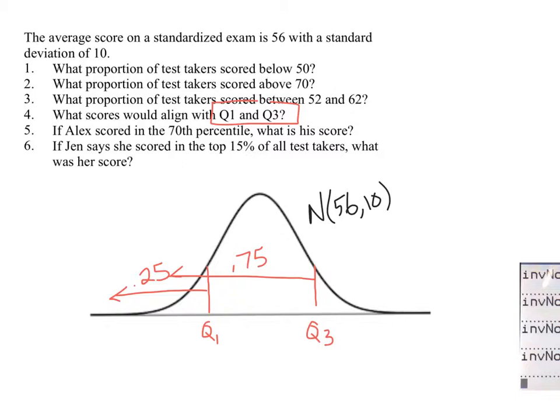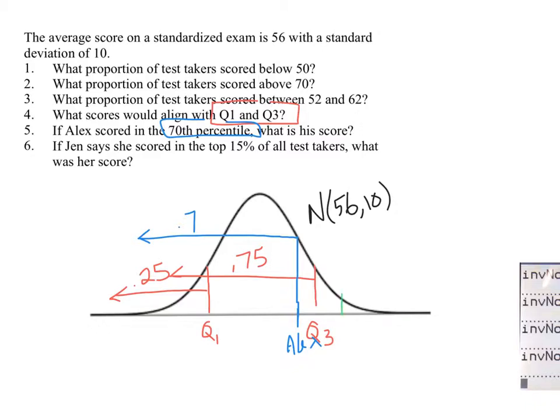Now, Alex said he scored in the 70th percentile. What's his score? Let me put this work in blue. You could either write an X or write Alex's score, but you're going to put this line and say, well, Alex is scoring such that a proportion of 0.7 is below him. And finally, Jen says she scored in the top 15%.